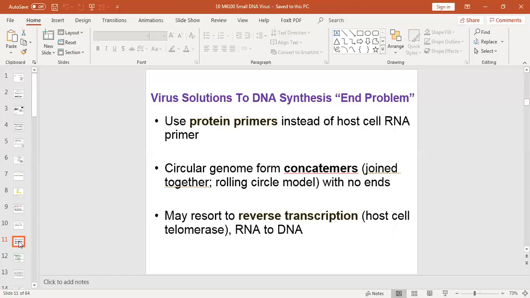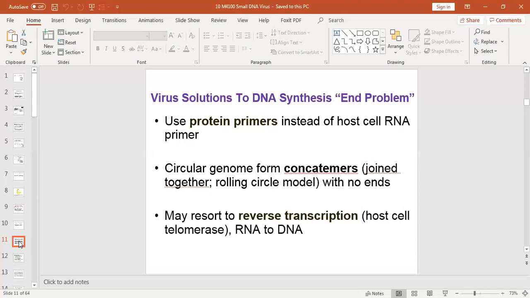One method is that instead of using RNA primers, we use protein primers. The second way to overcome the linear end of the DNA molecule is to use the rolling circle model that has no ends. So a circular genome forms concatemers, which I'm sure you have been familiarized with before, but I have slides that walk you through the whole process for extra information and for your knowledge.